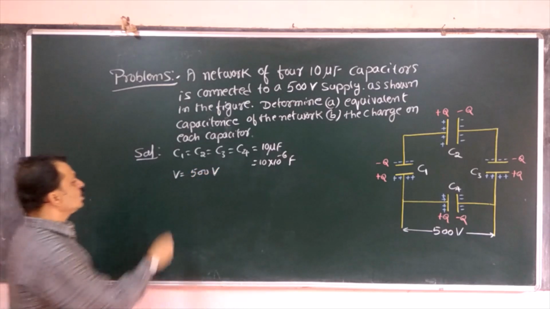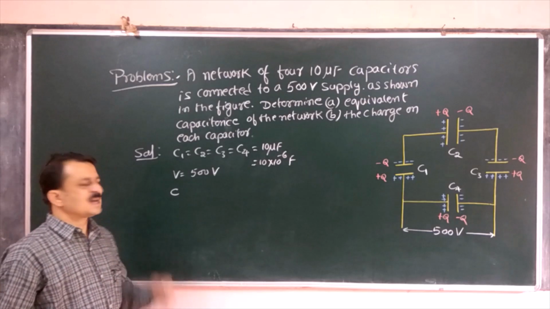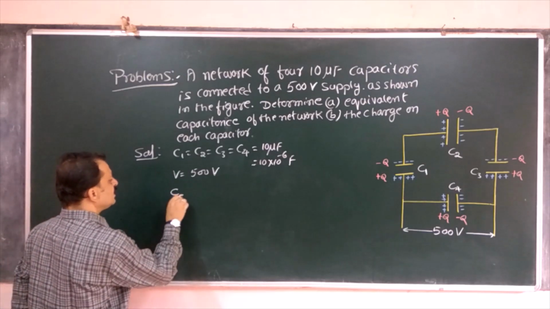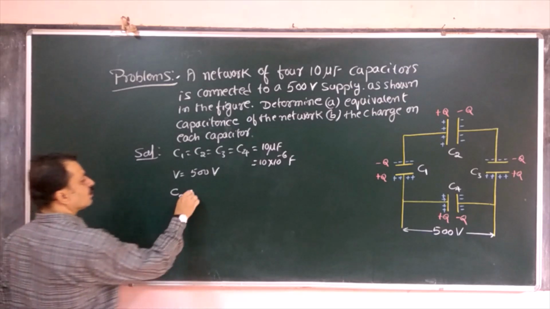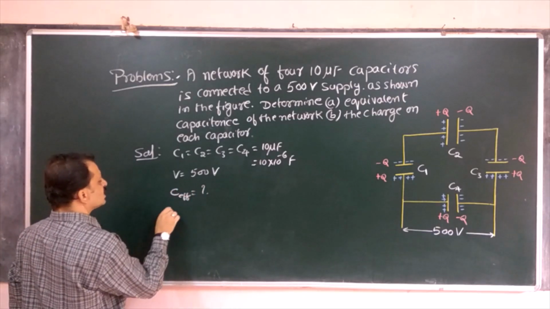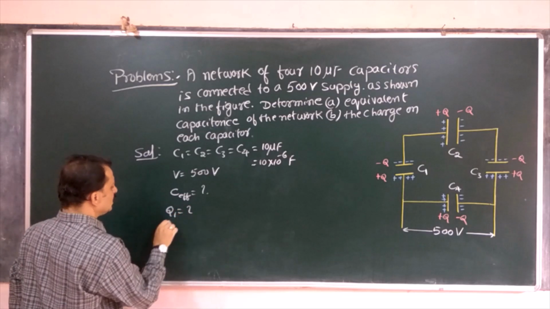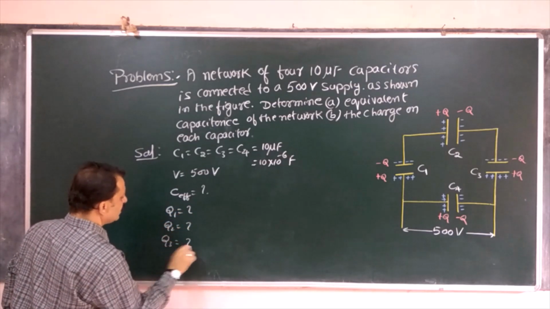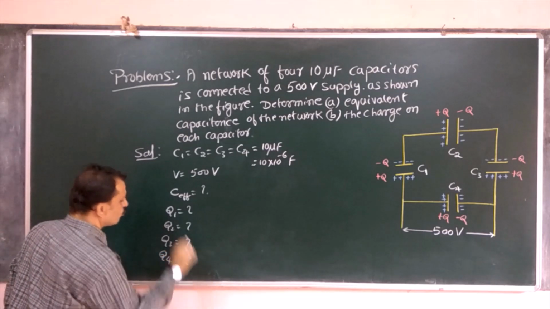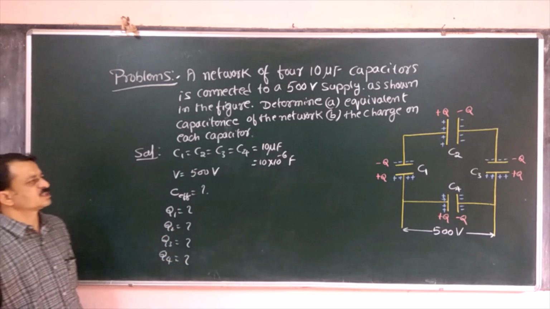What you have to calculate? What is the effective capacitance? And what is the charge on the first capacitor Q1, second capacitor Q2, third capacitor Q3, and fourth capacitor Q4?